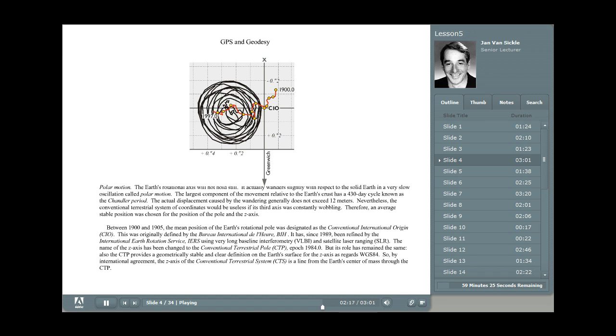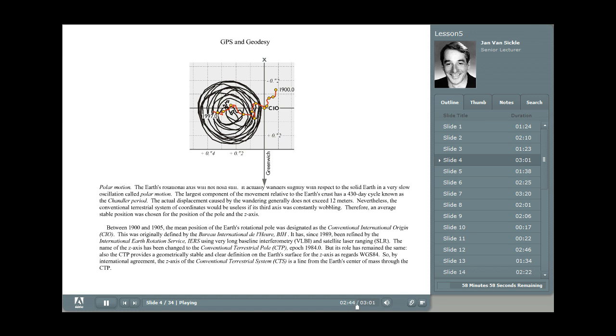Now, the point of this whole discussion is that the z-axis of this Earth-centered, Earth-fixed three-dimensional Cartesian system is fixed by international agreement. And you can see it there indicated by the CIO dot, which is right there on the x-axis.